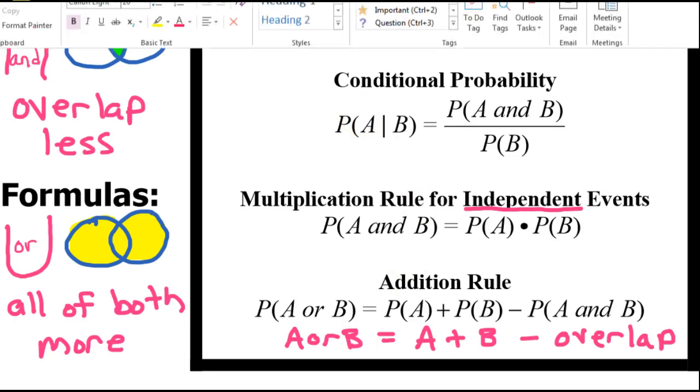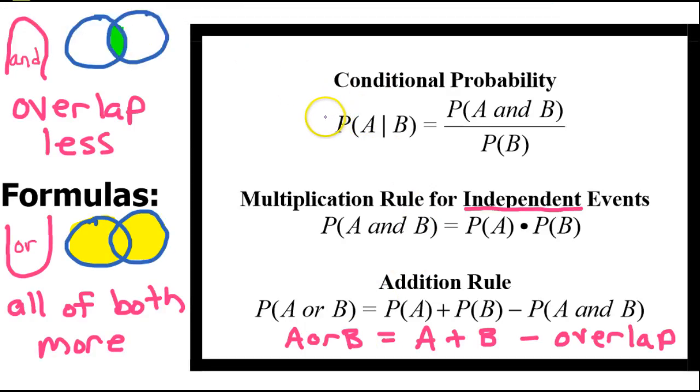So here's a hint. Notice that this first formula is the only one that has given in it. So if you see given being mentioned, this is the formula that we're going to use. Now this last formula is the only formula that says or in it. So if you see or mentioned, we're going to use this formula. Now this middle formula is the multiplication rule for independent events.